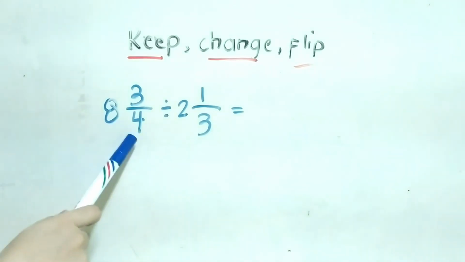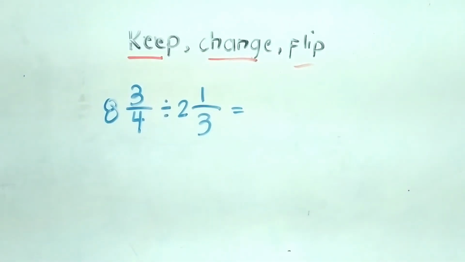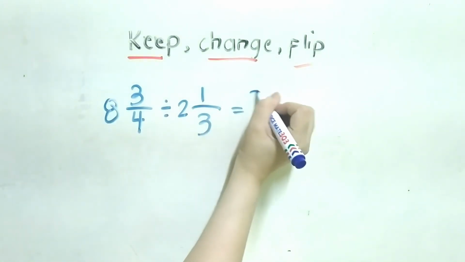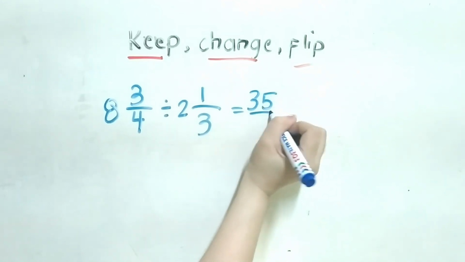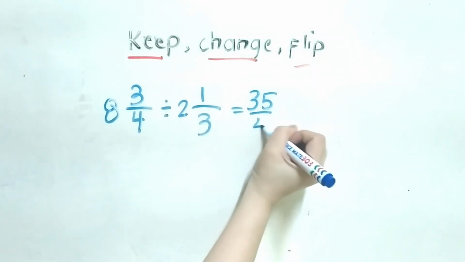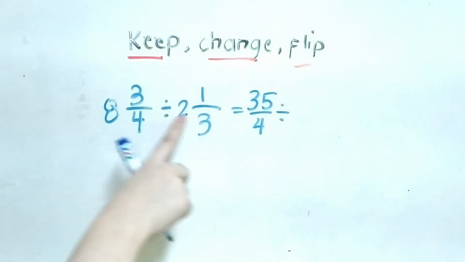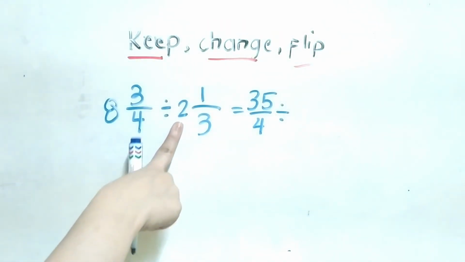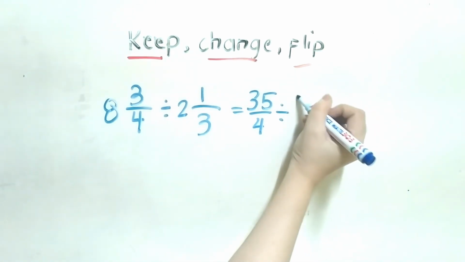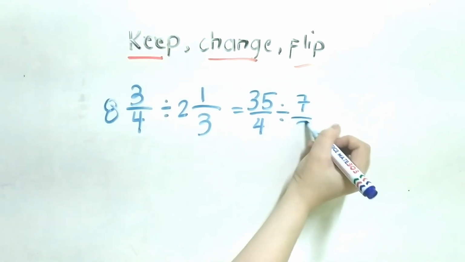So, 8 multiplied by 4 is 32 plus 3 is equal to 35. And then, copy ang denominator 4. Ganun din dito. 3 times 2 is 6 plus 1 is 7. And then, copy the denominator 3.